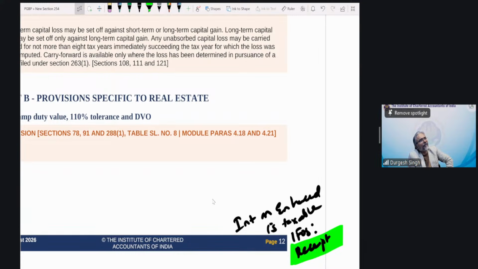Generally, when they do these kinds of conversion, it is primarily for real estate business purposes. Otherwise, they will not do the conversion. So generally it is a business purpose, and business, yes, it will be.